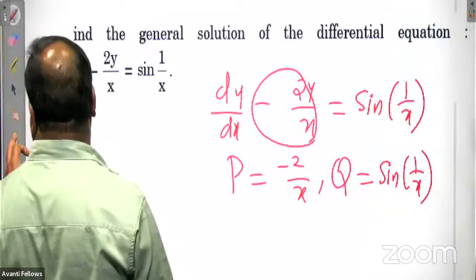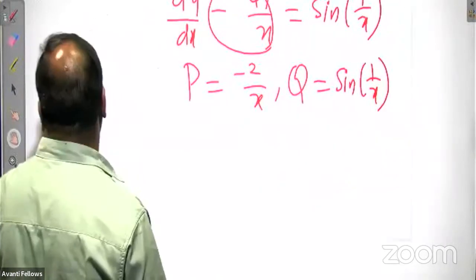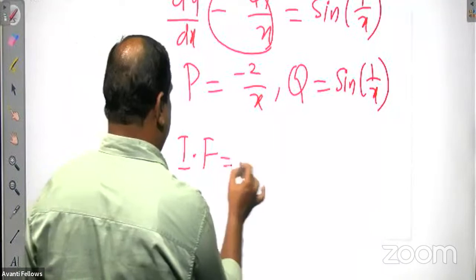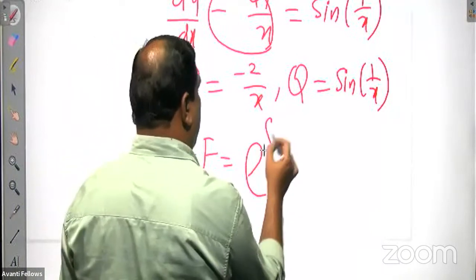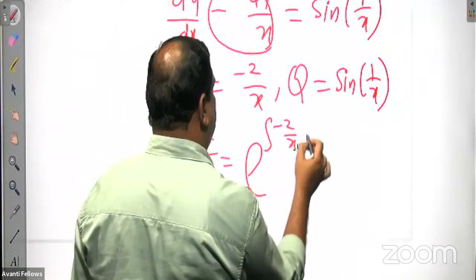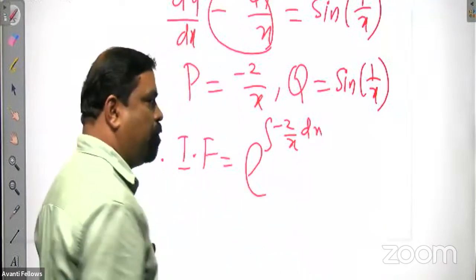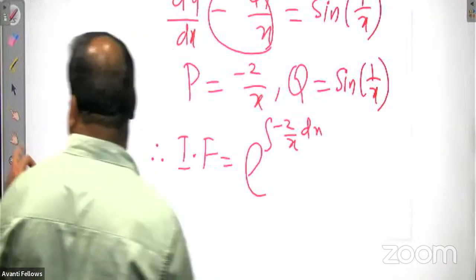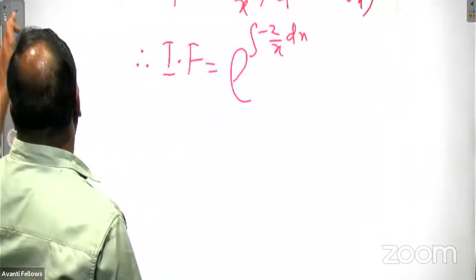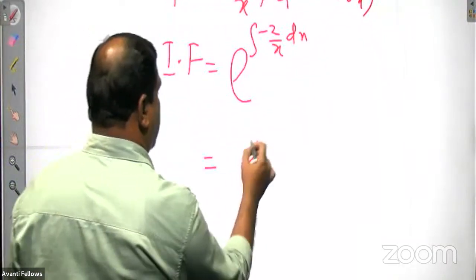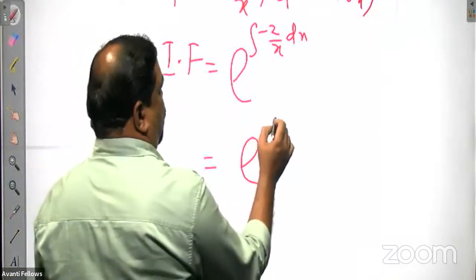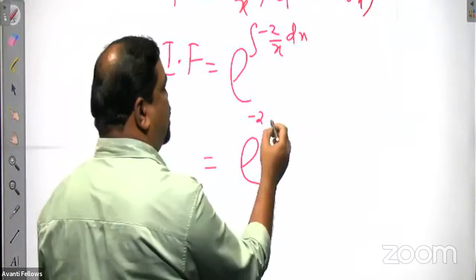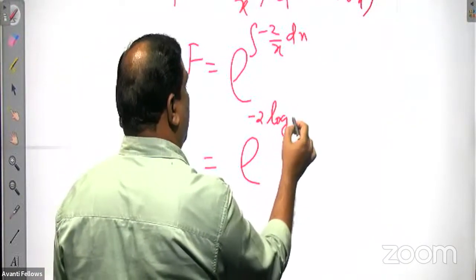So immediately write the integrating factor. What is the integrating factor? Therefore, integrating factor is equal to e raised to integral p dx, e raised to integral minus 2 by x dx, and that is equal to e raised to minus 2 into integral of 1 by x dx, which means log x.